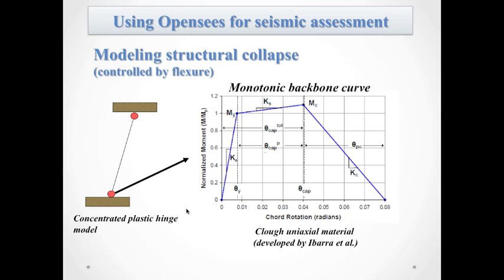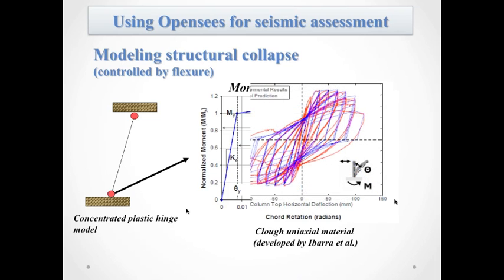There are several parameters that should be defined, and these were defined according to Haselton, Deierlein et al. Haselton and Deierlein took a sum of tests on columns, and they tried to fit the results.